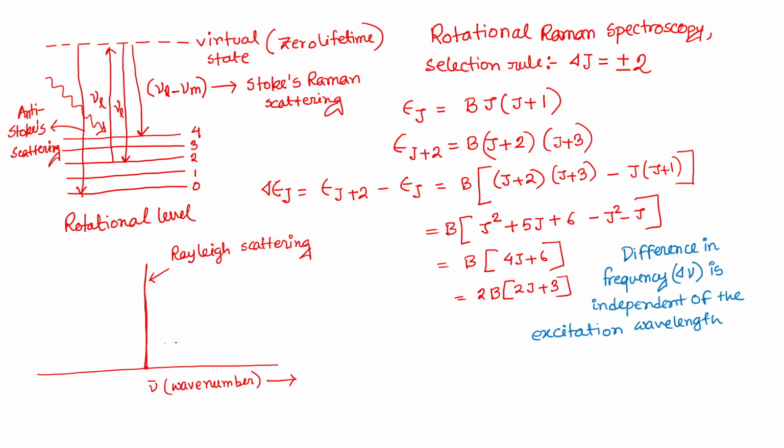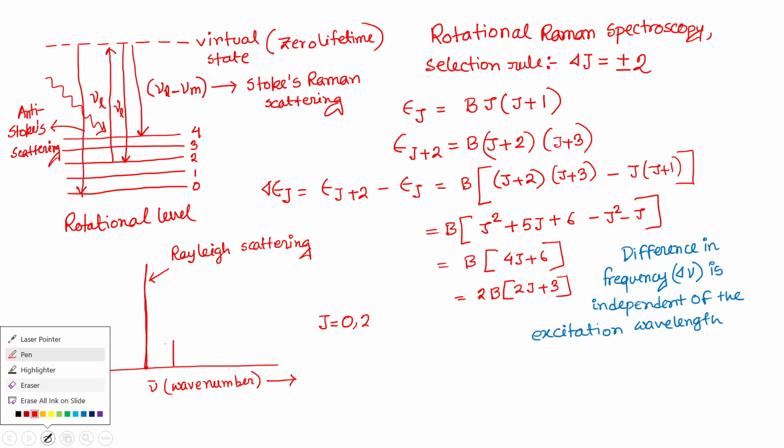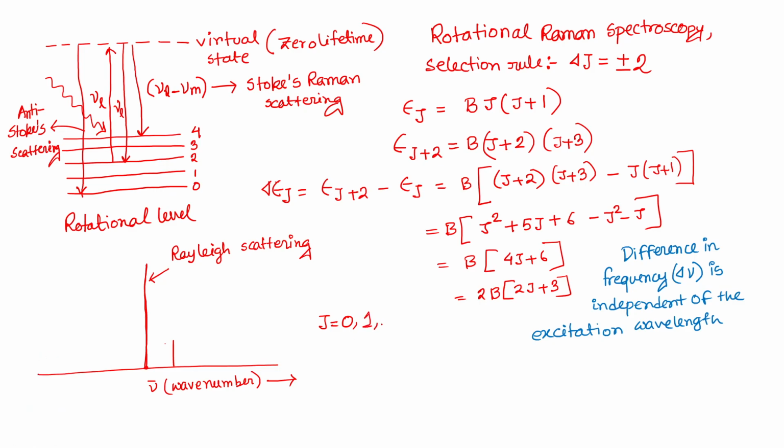Suppose this first line will come here. J can be what? The rotational J can be 1, 2, 3, anything, right? So for J equals 0, when it is anti-Stokes, what will happen?